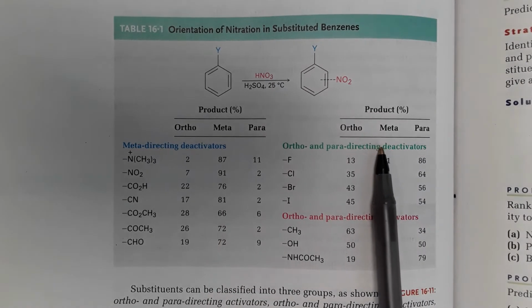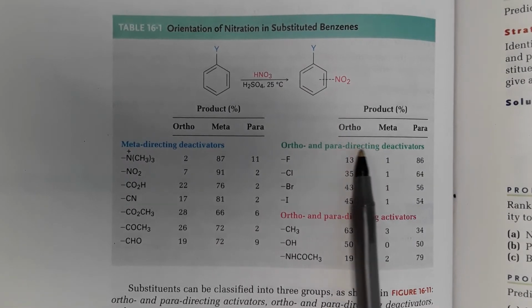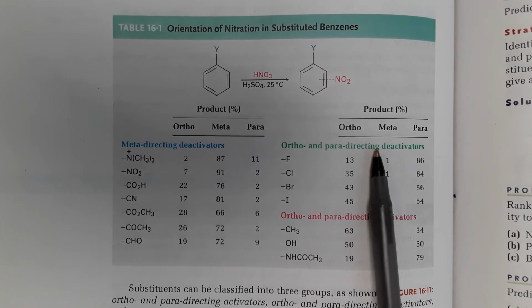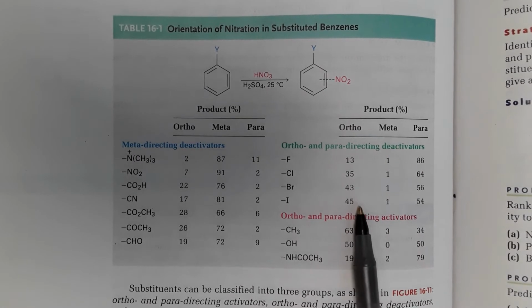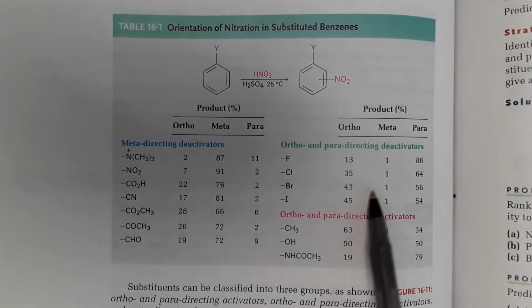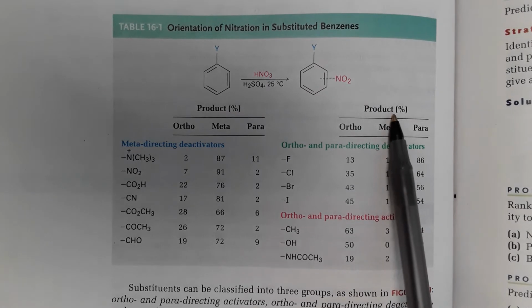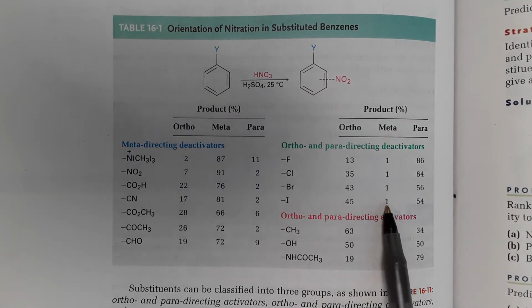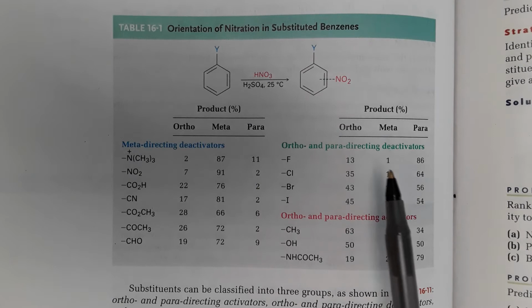If we go over here and look at the halogens, these are ortho-para directors, as we said. They're actually slight deactivators because of the inductive effect. And you see that very little of the material is going into the meta position. So 1% is going to the meta position, 99% is going into the ortho and para positions.